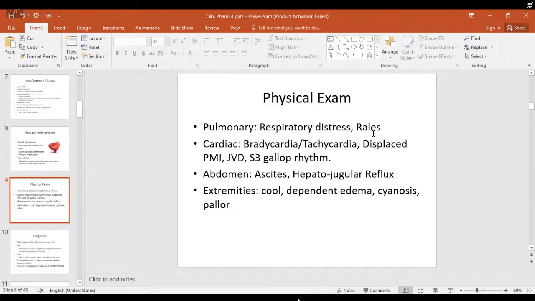Of course, if they don't have pulmonary edema, which develops acutely, they can have rales all over their lungs. In this case, they have distension of the jugular veins. Sometimes you can hear an S3, or an S4 is also possible. Ascites, if the heart failure is more to the right side, so if it's a right-sided heart failure.